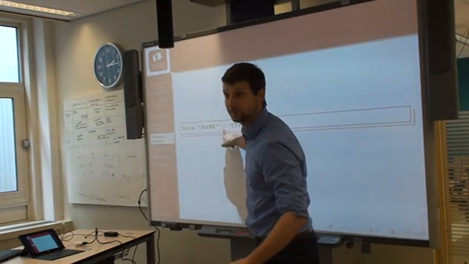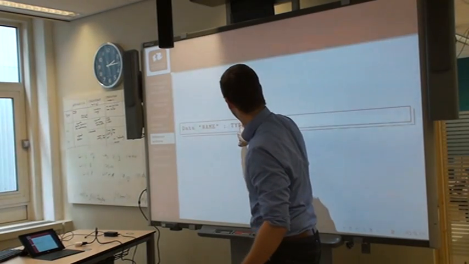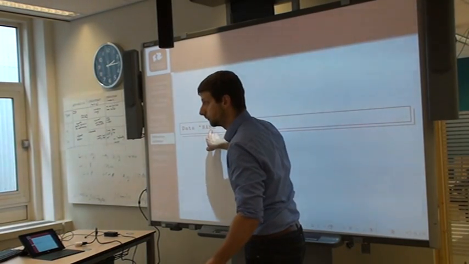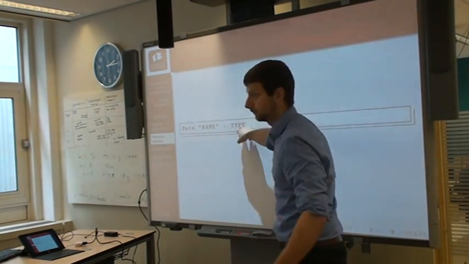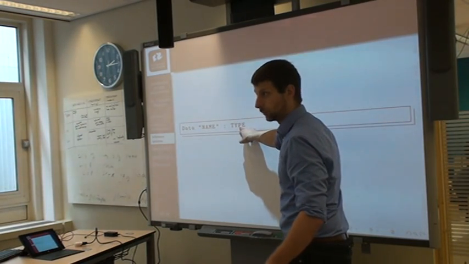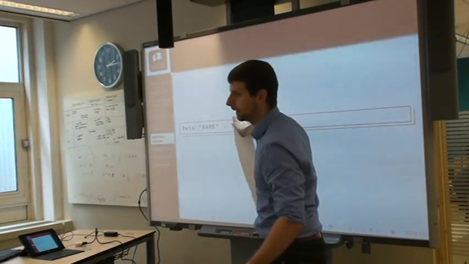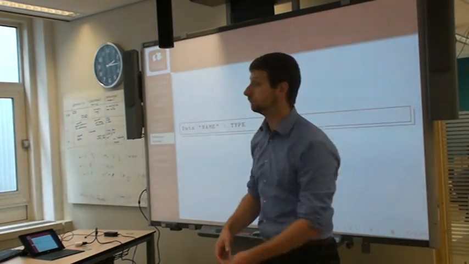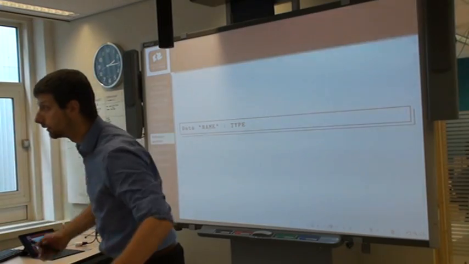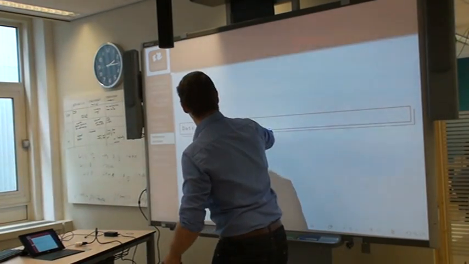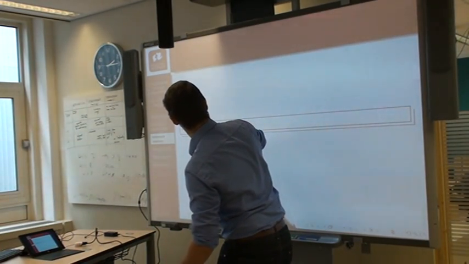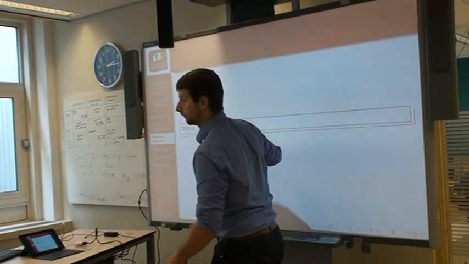Then colon and type. And here you say that this symbol has this type. You know what a type is, right? So what you're saying is, I have a type, like person, and I say John, colon, person.